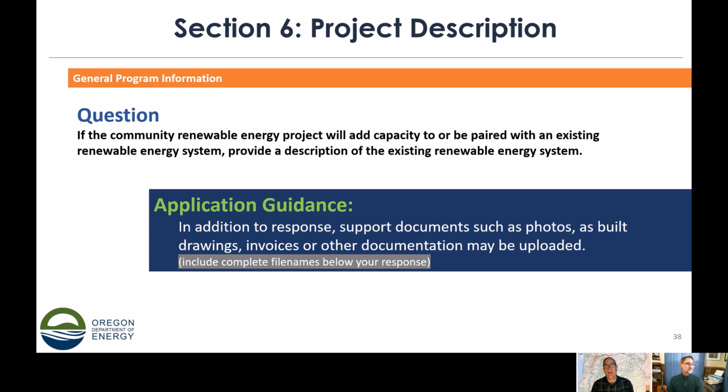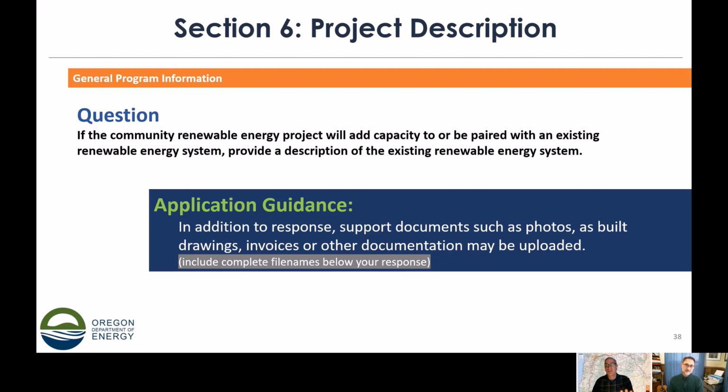In this one, if you don't have an existing renewable energy system, don't feel the need to fill it in with something else or to expand upon your current project. This is a very specific requirement of the program, and if you have it, then describe it, but also keep it separate from the planning that you're doing for the new system.